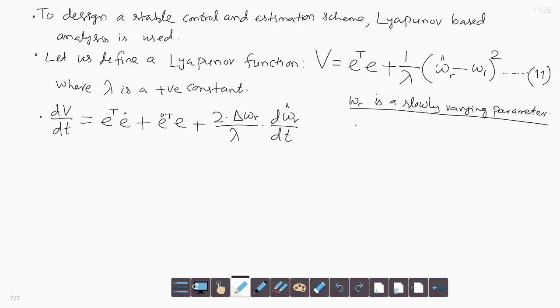We consider d omega r by dt as 0, because for a given speed the estimation error should decay to 0, to ensure that omega r hat approaches omega r. And here, in this equation, delta omega r is omega r hat minus omega r.